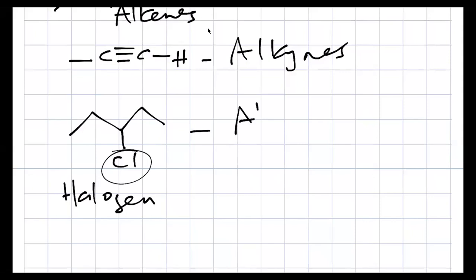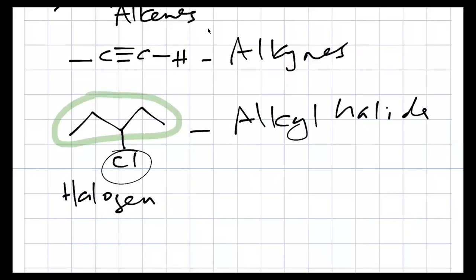Is it an aldehyde? No, it's not an aldehyde. It's an alkyl halide. The alkyl is for the chain, right? That's normally what we call carbon chains. We call them alkyl groups, so alkyl is for the carbon chain. And then the halide.